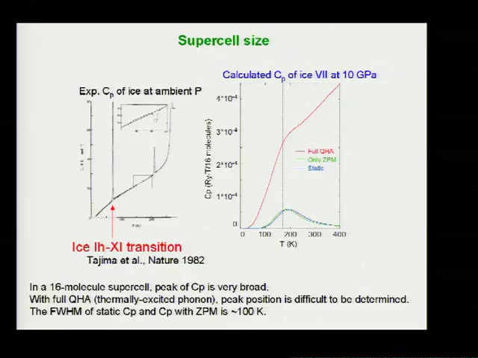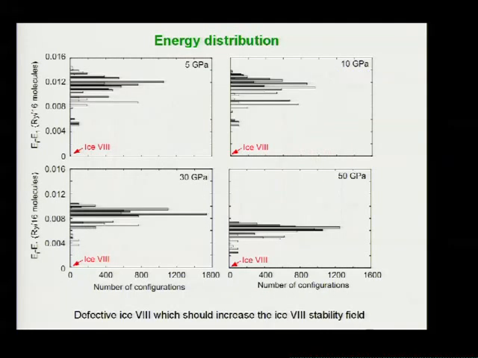This is the big problem of our supercell size. If we increase the supercell, then this peak must be much sharper. The full width at half maximum of this peak is over 100 Kelvin, so this must be improved.